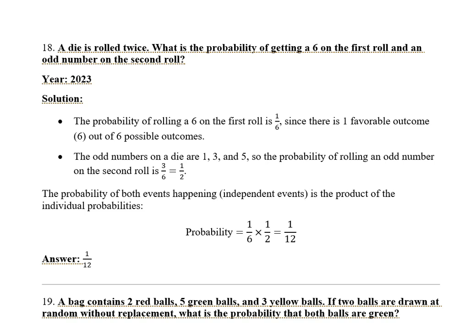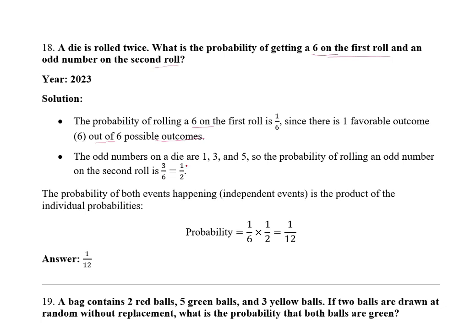A die is rolled twice. What is the probability of getting 6 on the first roll and an odd number on the second roll? The probability of rolling a 6 is 1/6, since there is one favorable outcome out of 6 possible outcomes.